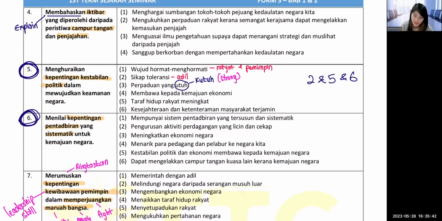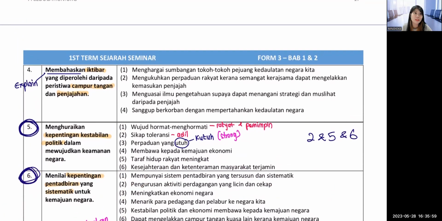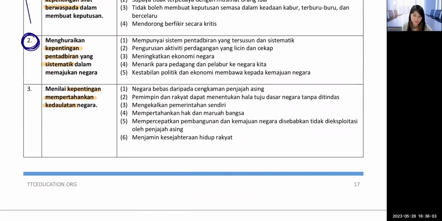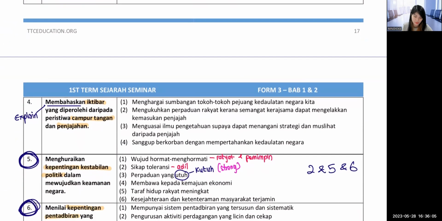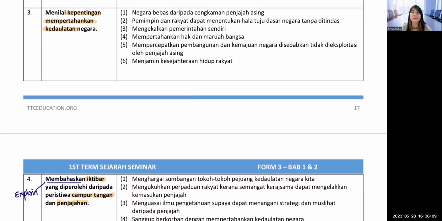So under this case, therefore, another one is kepentingan pentadbiran sistematik, again, 2, 5, 6, together you can share the answer. Okay, now, you remember 2, 5, 6 can share answer, even though different ways of asking.